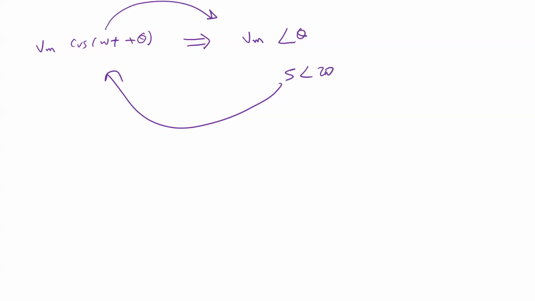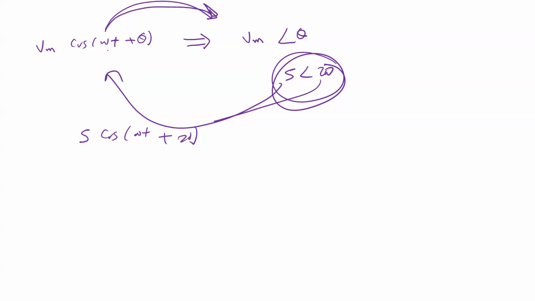So when I come back to the time domain, it becomes 5 cosine of omega t plus the angle 20. Number one, I only take the real part, not the imaginary part. Number two, when I moved from the time domain to the complex domain, I removed omega t, so when I come back, I have to put it back. Okay, so that's what we did.